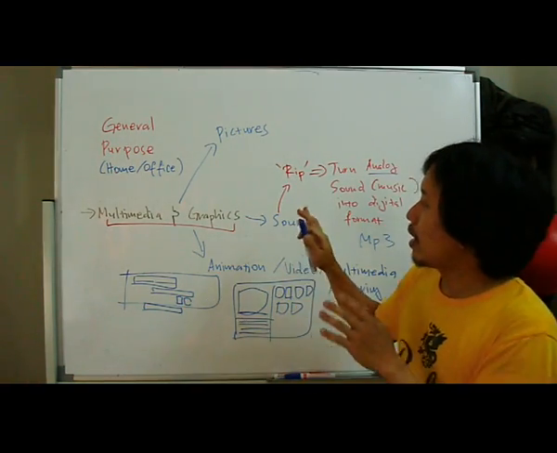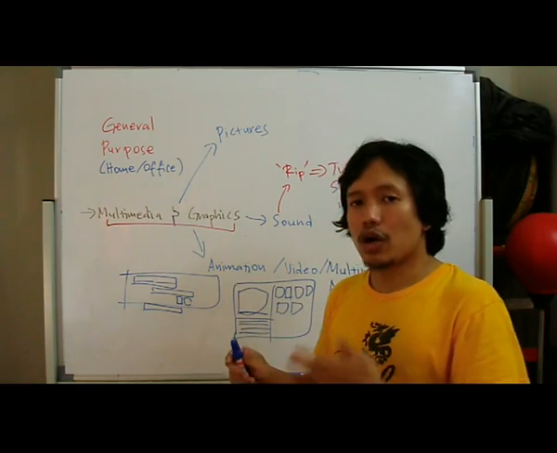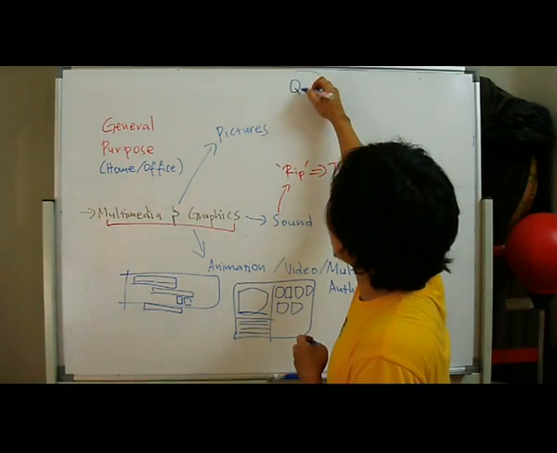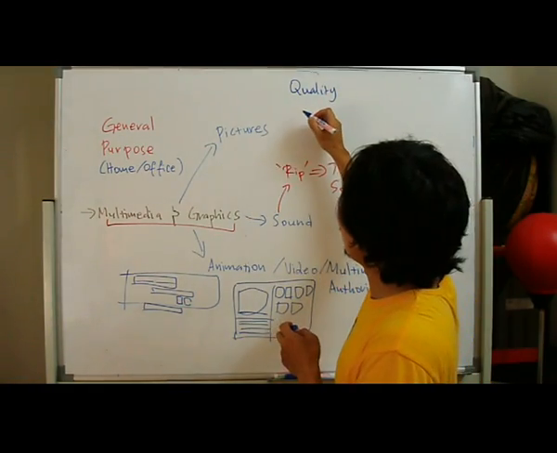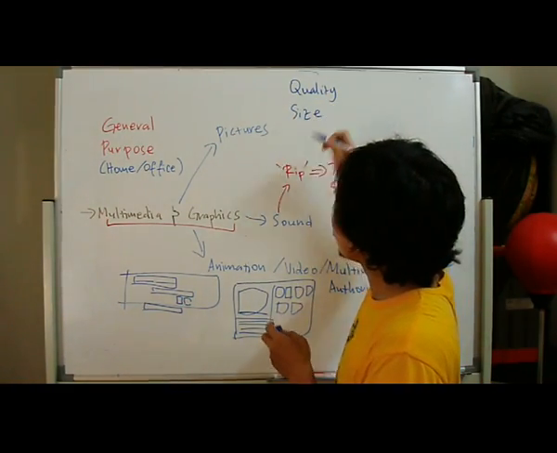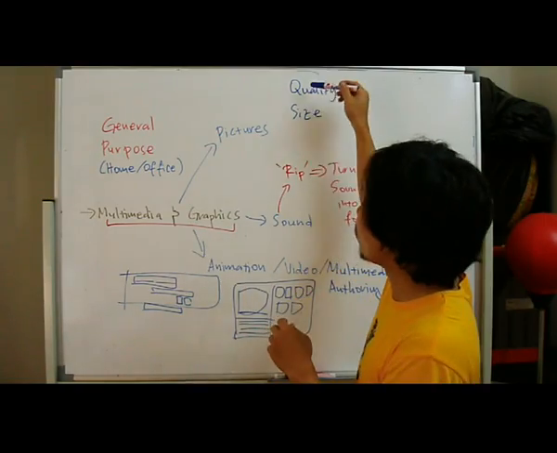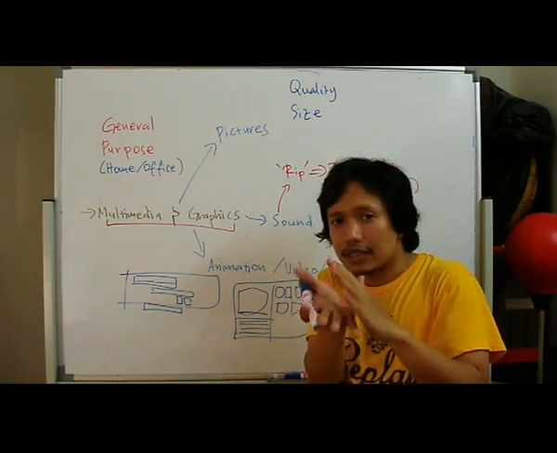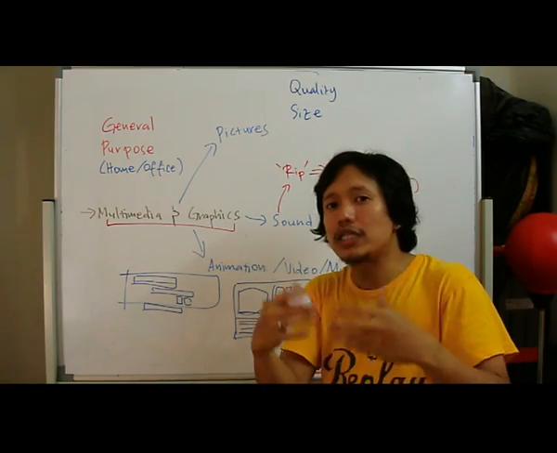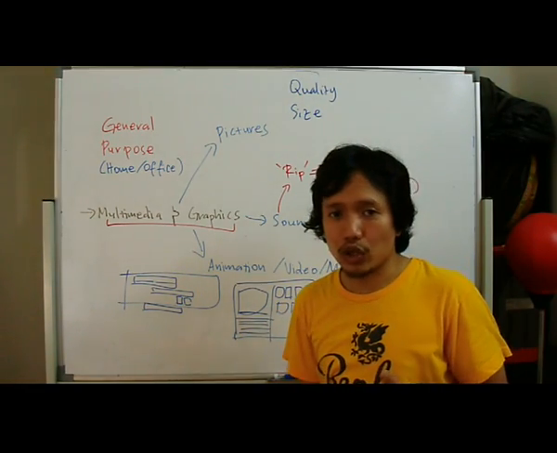And there comes a question of whether the quality is good enough. That's one thing. And if we can control that, we also have to look at the size. We have to play around with these two things so that we have a small enough size with a decent quality so that people will be able to enjoy it, right?